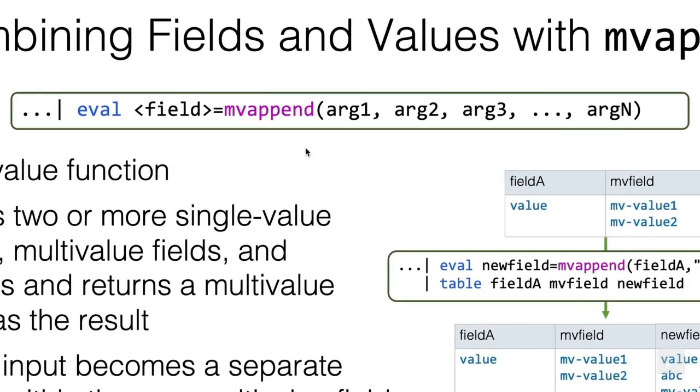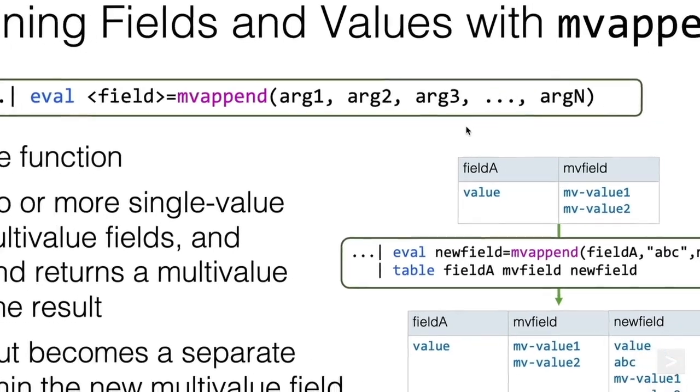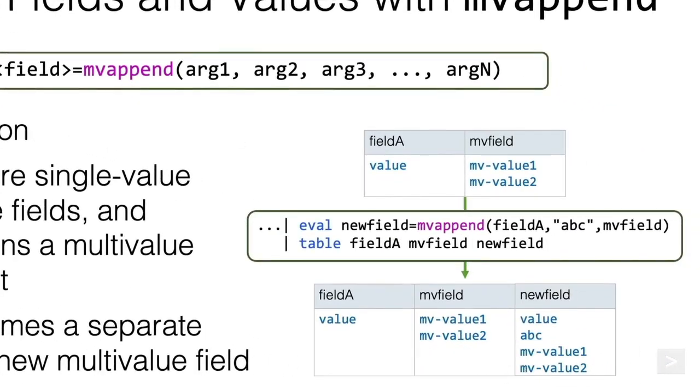We can see here field A, the string ABC, and a multi-value field are passed in as arguments. mvappend allows for a combination of different types of values passed in as arguments. It will append all of those values together into a newly created field.